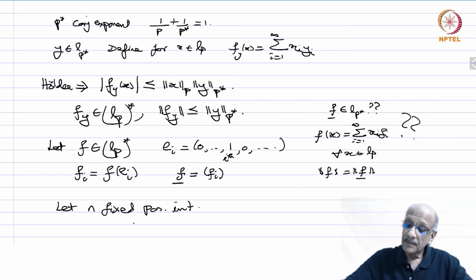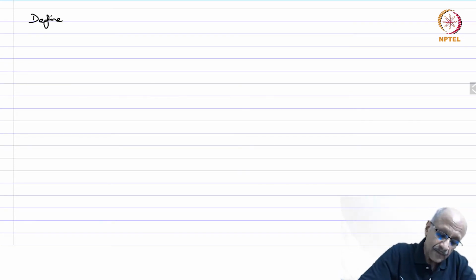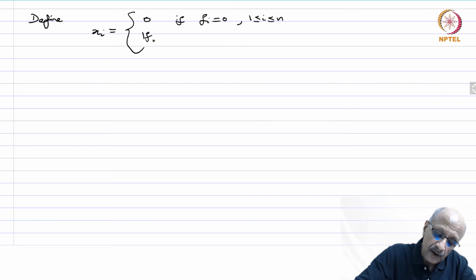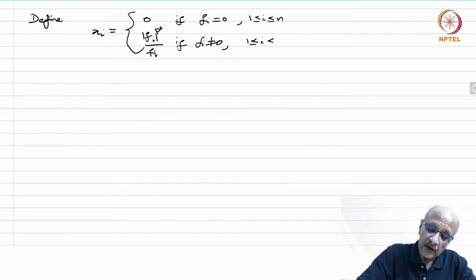So we define xi in the following manner: 0 if fi is 0, for 1 less than or equal to i less than or equal to n, and mod fi to the p star by fi if fi is not 0, again for 1 less than or equal to i less than or equal to n, and then 0 again if i is bigger than n.